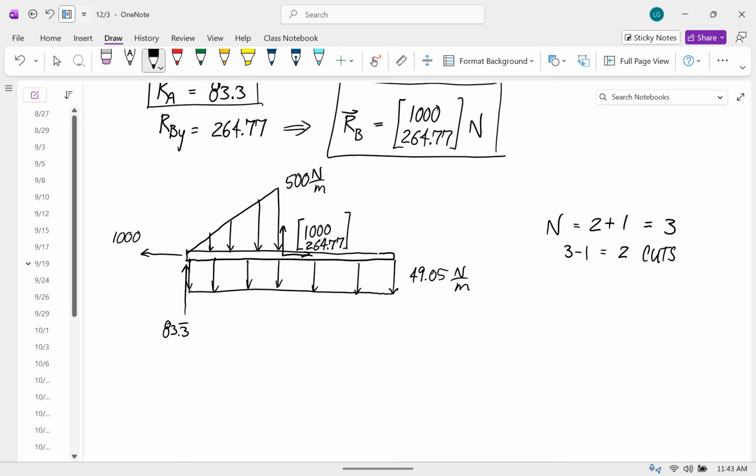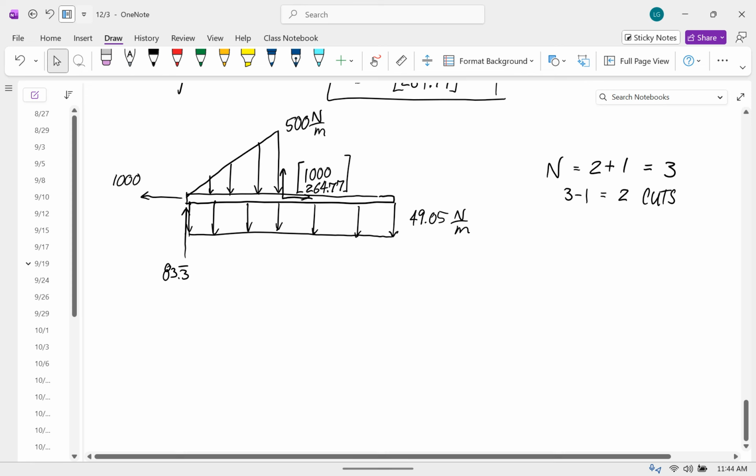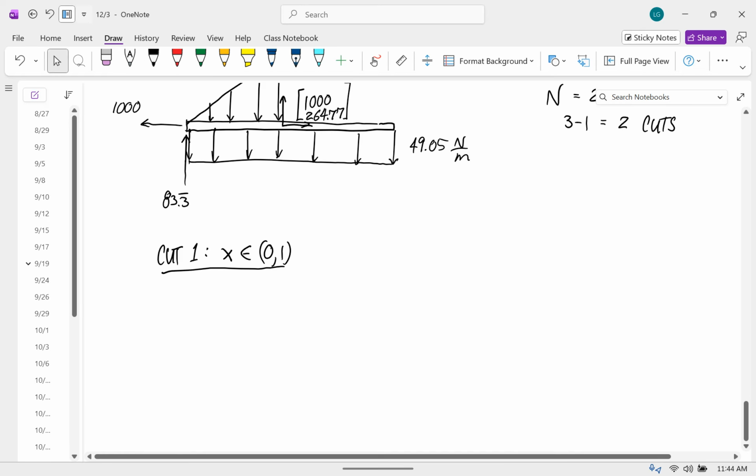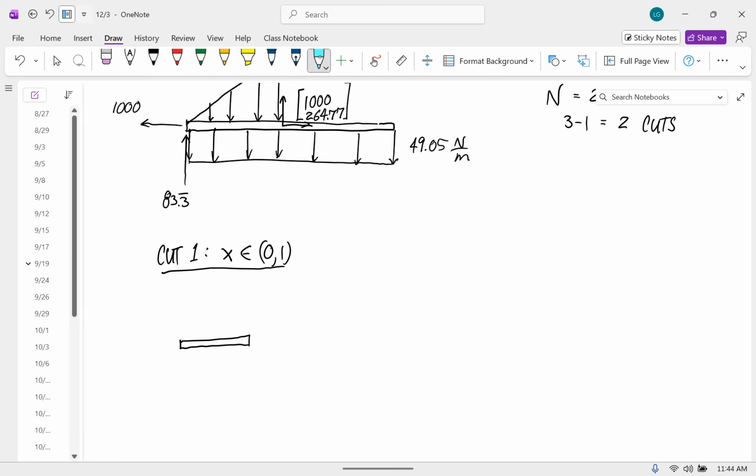Okay, so can we do the first cut? Can we finish this? Maybe. So cut 1 is for x values between 0 and 1. And you can think we're skipping all this stuff.